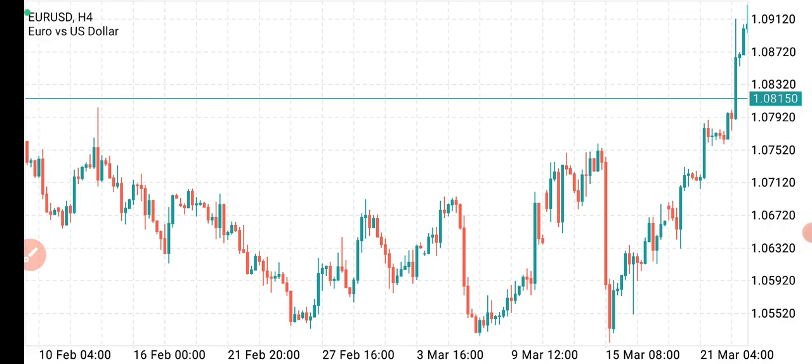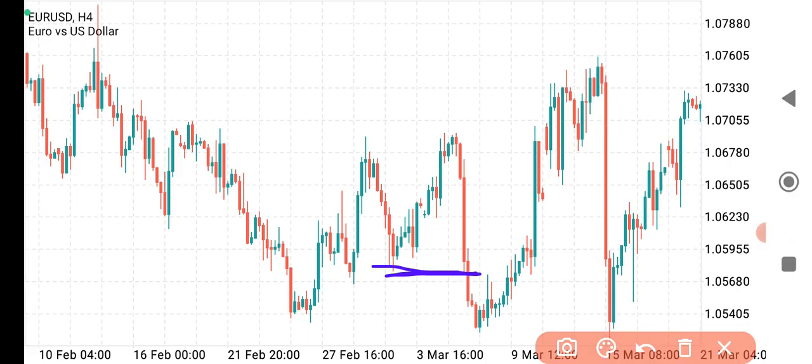The market begins to make a low, a high, higher low, higher high.